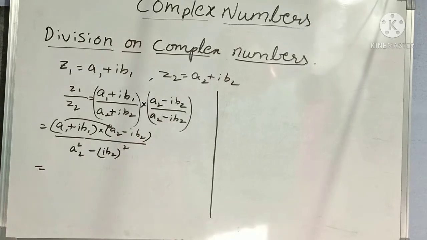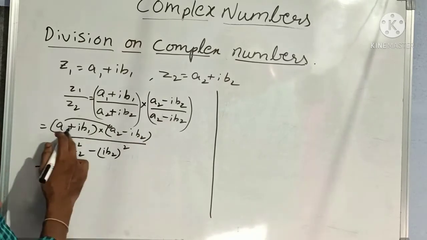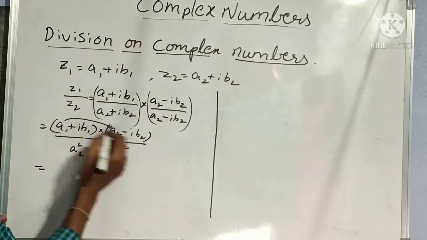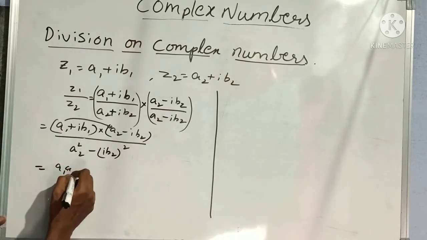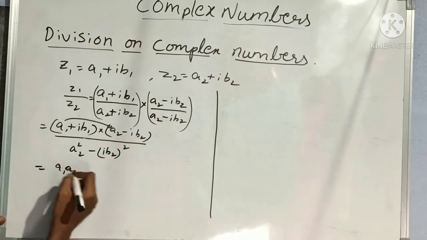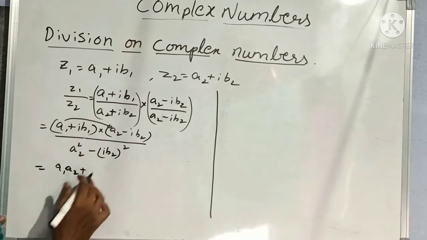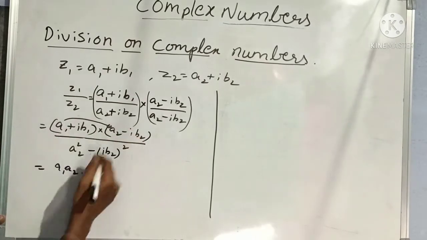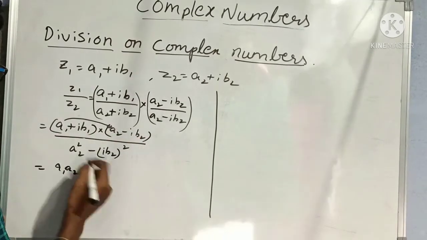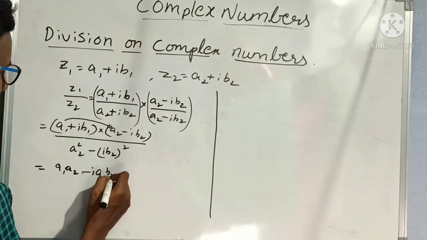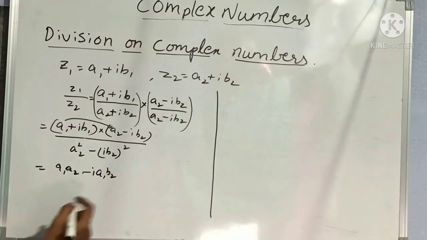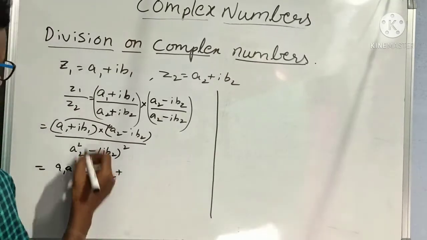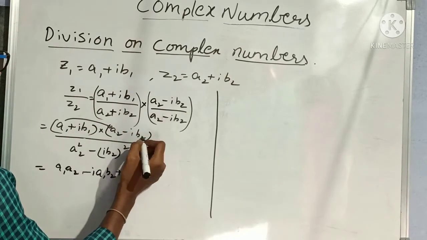How to multiply the numerator? A1 into A2 is A1A2, plus into minus, minus i, as it is, A1B2. Again plus, this term we have to multiply with both A2 and iB2.